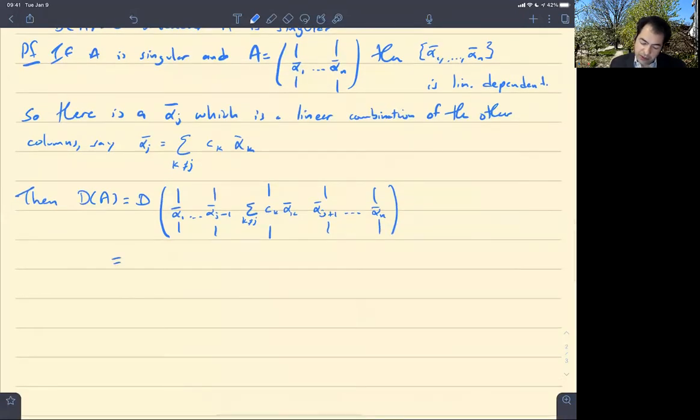And then I can use multilinearity to write this as the linear combination of the values of D when I replace the jth column with just this alpha k.